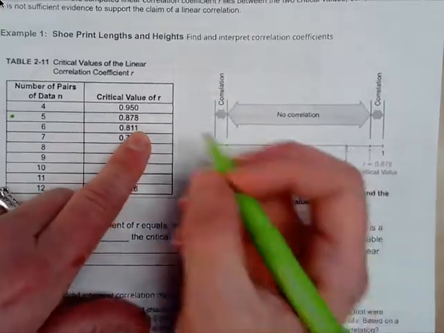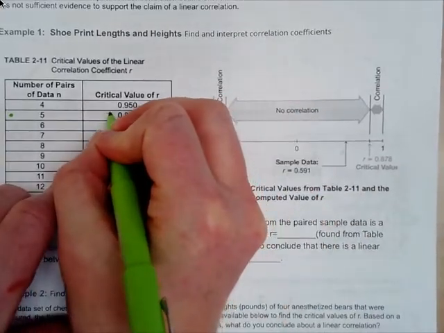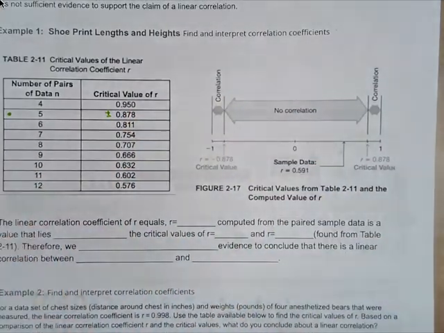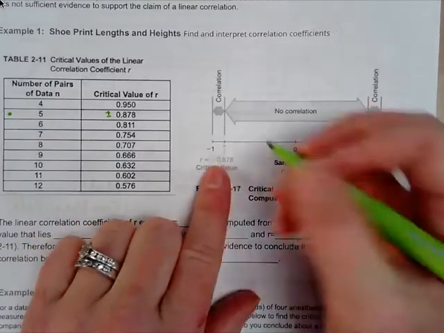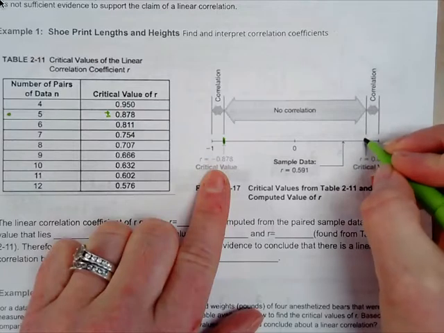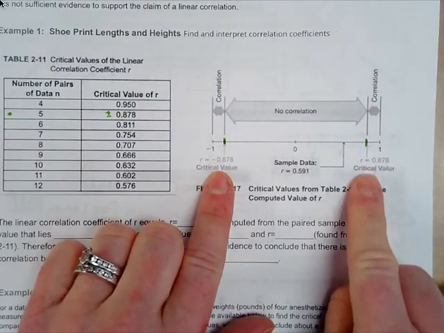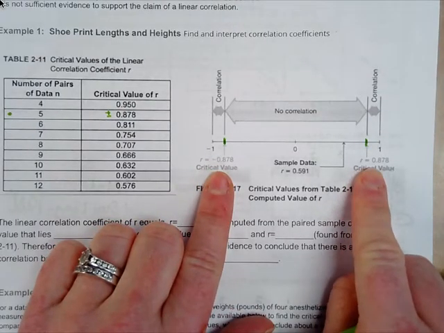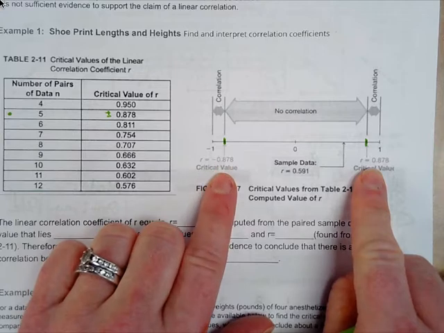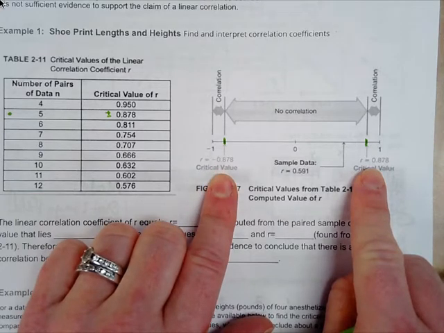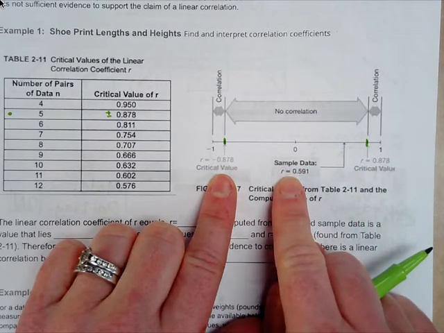This critical value is going to be plus and minus, because if it's positive, then that would mean you have a positive correlation, or you could also have a negative correlation, so that's still a correlation. So we plot those critical values on our number line. So see how they have 0.878 over here, -0.878 here. And then you look at the R value that we got from our sample data.